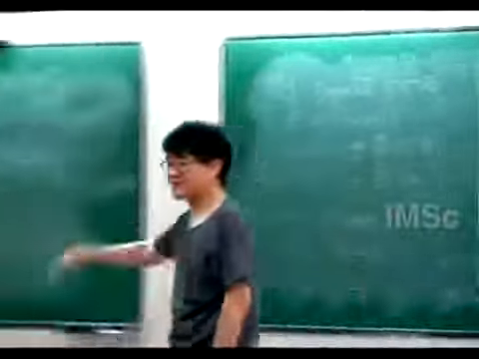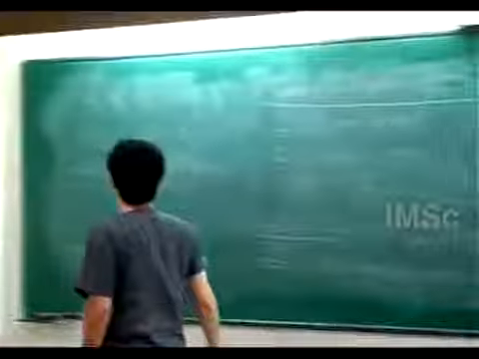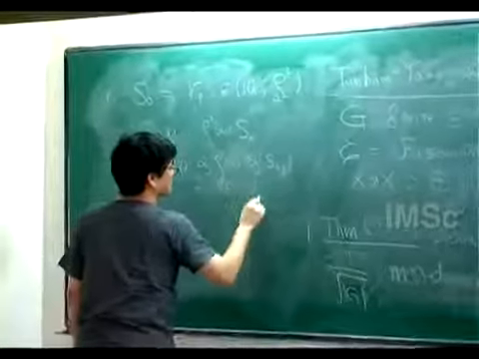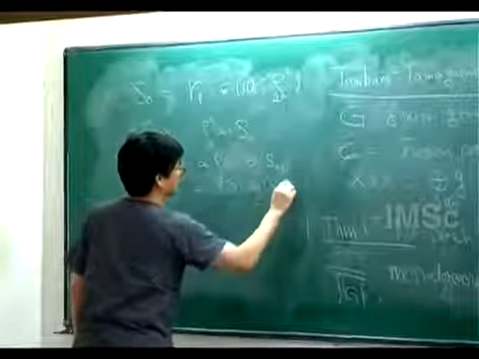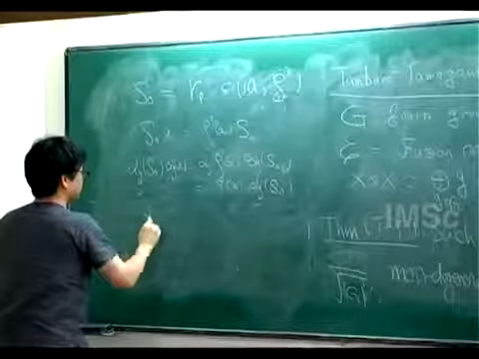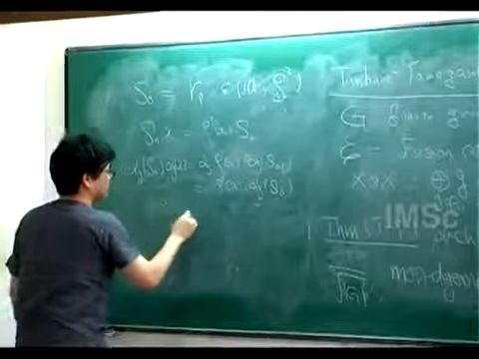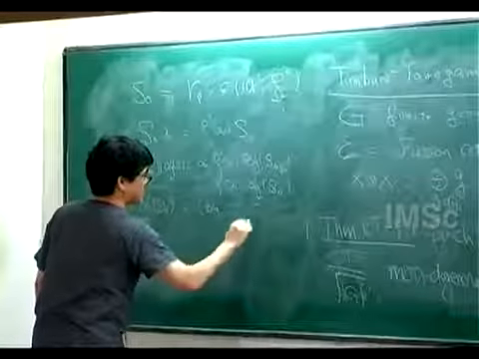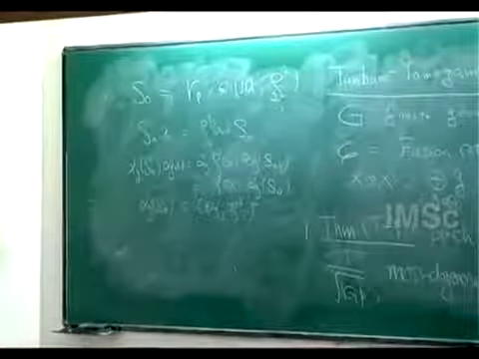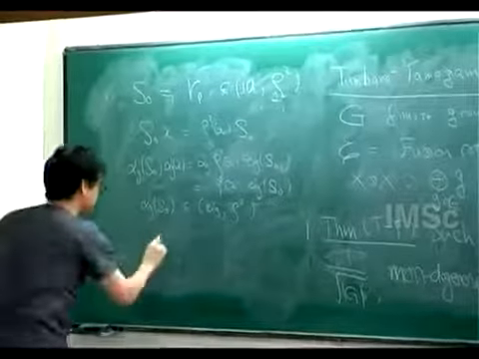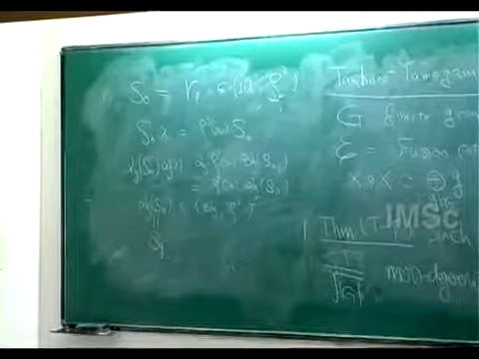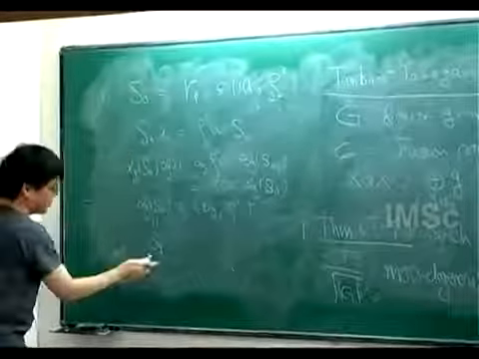This is an honest equality, not up to equivalence. So this means that alpha g of S zero is in this intertwining space. So let's call this SG. And this is still an isometry because S0 is an isometry.